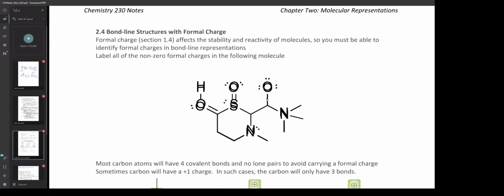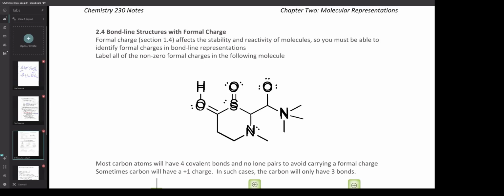I'm sorry. Unfortunately, all these labels got doubled, but I'm hoping everybody can still understand them. Some of these groups don't look like anything you've seen before, and that's totally okay. Okay, so if you notice, none of the carbons have formal charges here, and neither do the hydrogens, of course. So let's just go look at these atoms one by one.